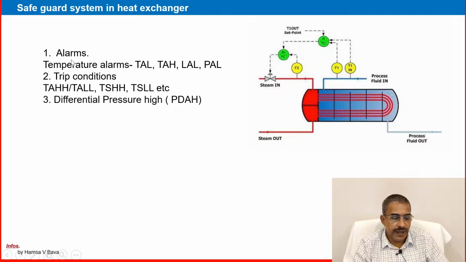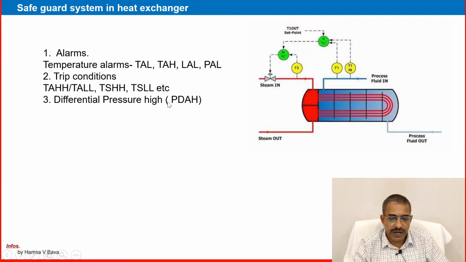So trips and alarms safeguard the heat exchanger, and not only the heat exchanger but many other process equipment. And the trip condition will activate not only an alarm, it will activate a trip. It will close some of the valves, or open some of the valves, or trip some pump or motor, etc. The trip condition will take action in a trip logic.